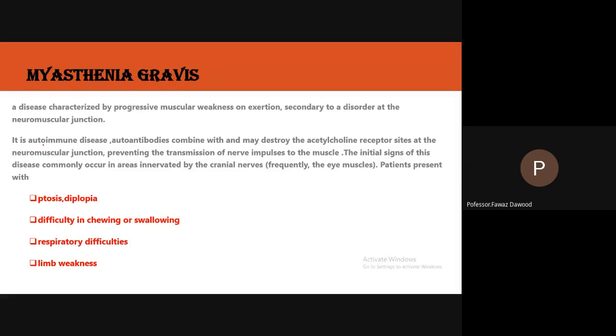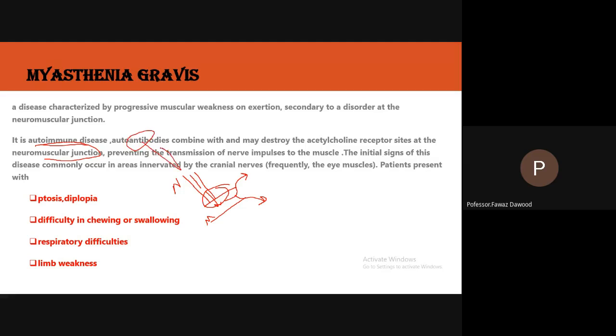It is considered an autoimmune disease which affects the neuromuscular junction. So in all of these types of disease, a nerve comes to the muscle and gives instructions, whether for contraction or relaxation. When there is any defect in the neuromuscular junction, here is the nerve, here are the muscles, here the neuromuscular junction and segment, and here the chemical mediators released as a result of the instructions coming from the brain or the spinal cord.